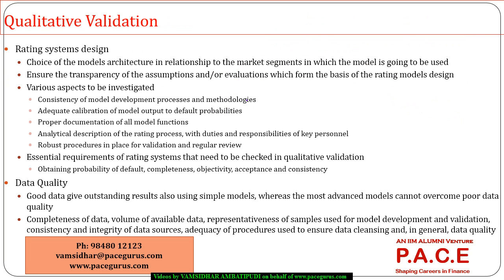So when it comes to the qualitative validation, we are looking at the design of the rating system itself. What kind of model architecture am I using? Is the model completely transparent? The assumptions that I am using to build the model, the evaluation of the model, the procedures that I am doing to evaluate the rating model design, ensure that there is a lot of transparency in all these various aspects.